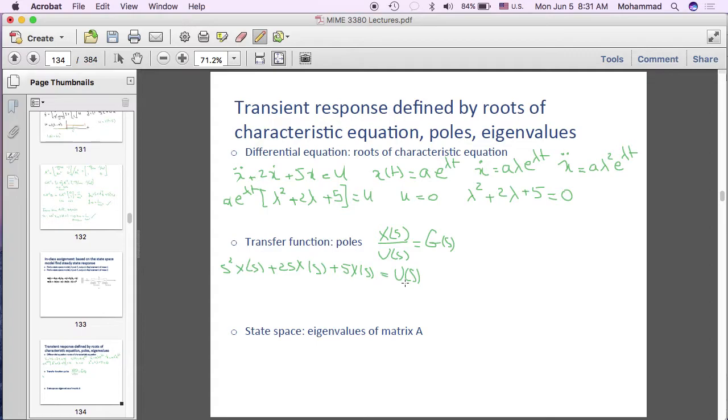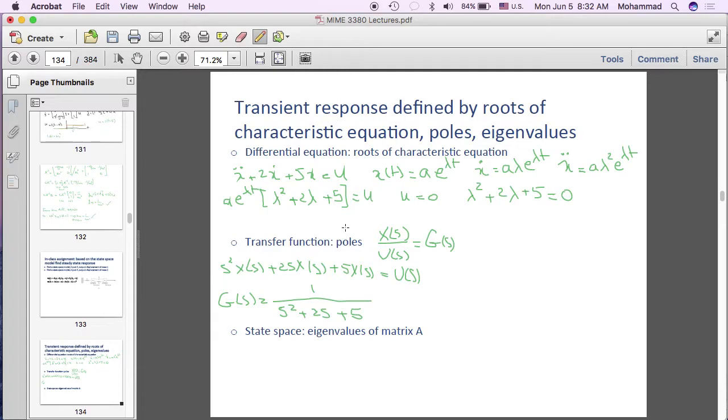That's the transformation of the differential equation into the Laplace domain, assuming all initial conditions are equal to 0. So we are ready to form the ratio. So g of s is going to be equal to 1 over s squared plus 2s plus 5. Yes? No? Do you see any mistake? Do you disagree?